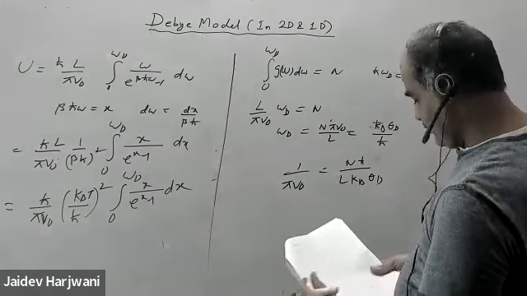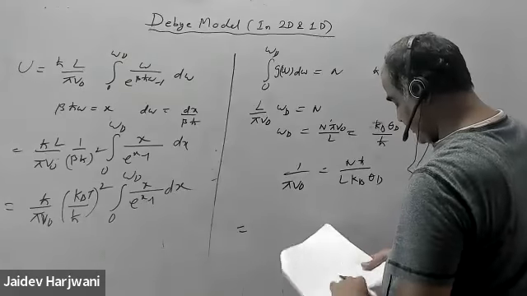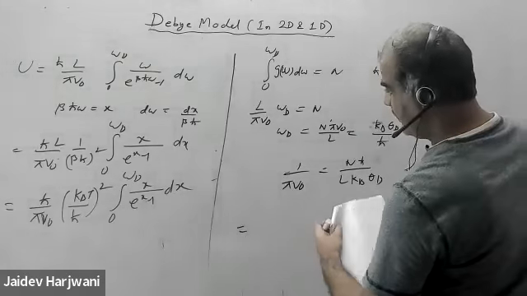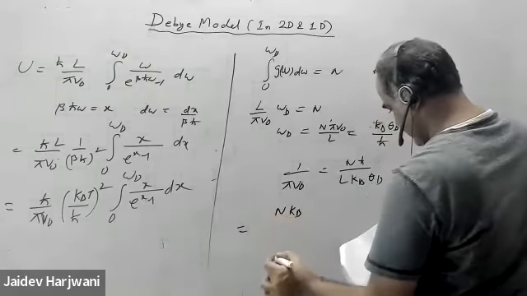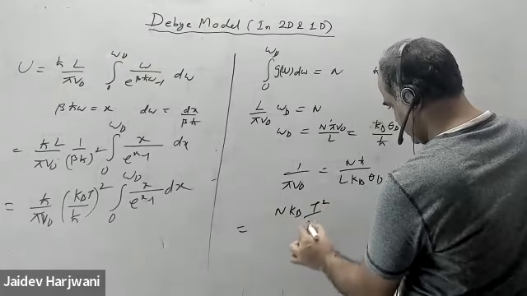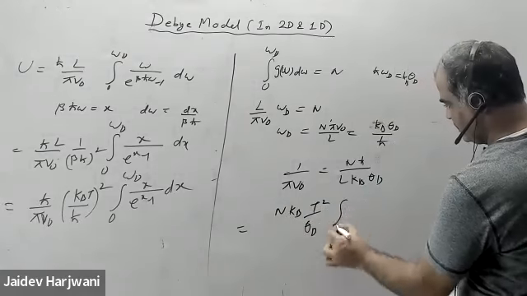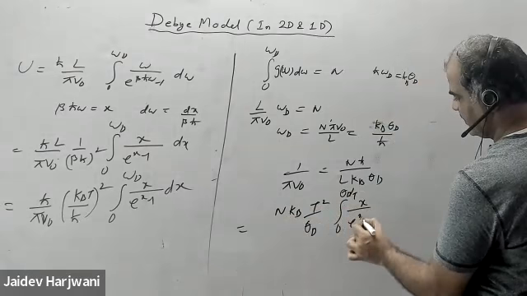And if you put this value there, this will give you what I've written earlier: n k_B T square upon theta_D, integral 0 to theta_D upon T of x upon e^x minus 1.